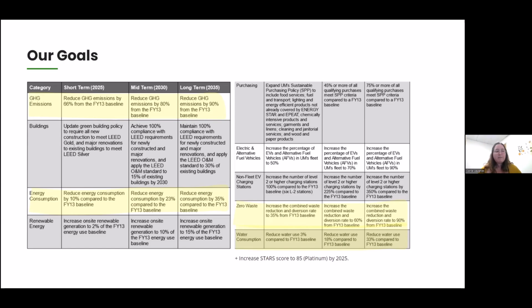And the University of Miami currently has a gold STARS rating, which is the second highest. But we have a goal of achieving a platinum STARS rating by 2025. This is a certification that our university applies to annually. And so we wanted to be able to track that as well and track our progress within the different STARS categories.